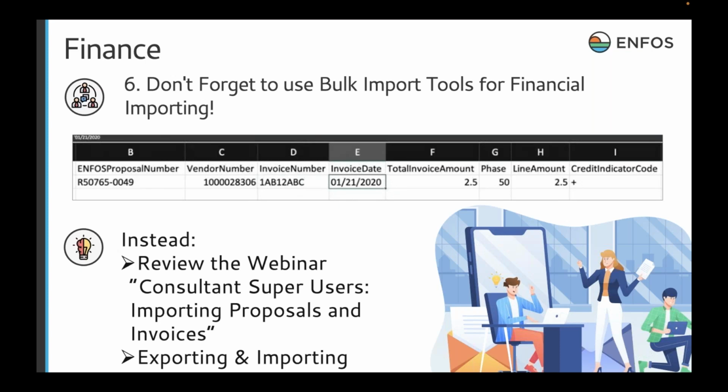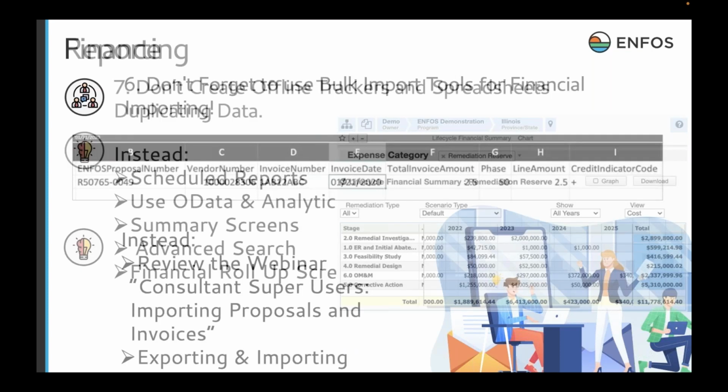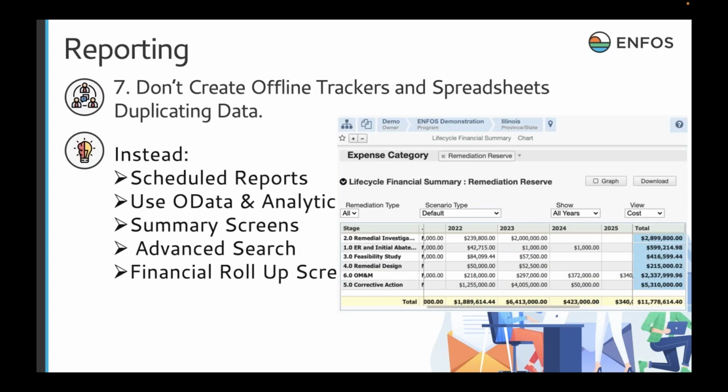All right, so as we talk about efficiencies, let's talk about how users should not be creating these offline trackers and spreadsheets to duplicate data that's already in ENFOS, right? And this is falling under don't duplicate your work.